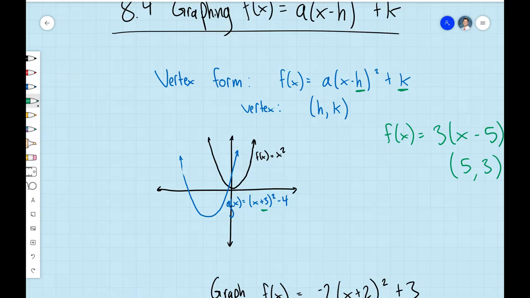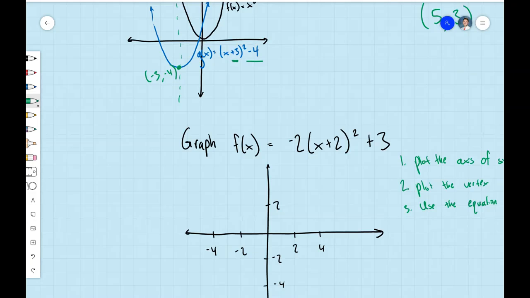We've got that plus 3, which means h is negative 3. So we go 3 to the left, and then we have minus 4, so we also shift 4 units down. And you can tell here that our axis of symmetry would be at h, so x equals negative 3, and our vertex would be at (h, k), negative 3, negative 4.